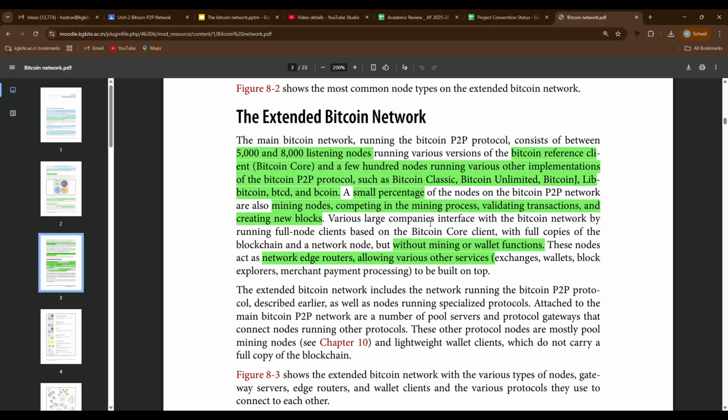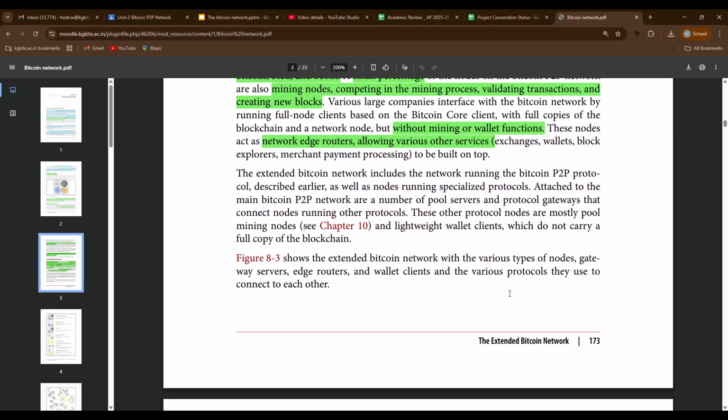It will just transfer whatever it receives to other nodes. That's all. So that's what is meant by an extended Bitcoin network. Along with this Bitcoin P2P network, there will be some pool servers and protocol gateways that make sure the network is functioning and connected.